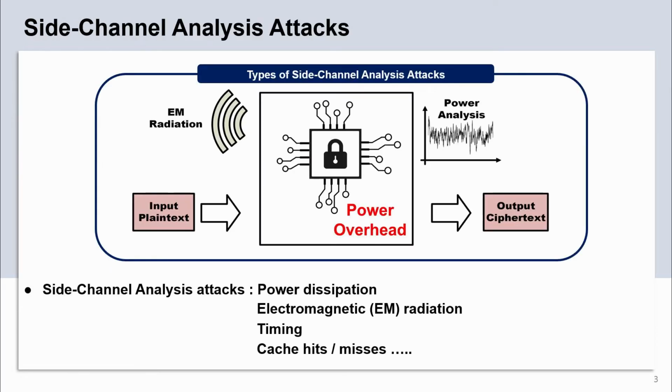Side channel analysis based attacks can be implemented on a mathematically secure physical platform, which leak critical information through power dissipation, electromagnetic radiation, timing of the encryption operations, cache hit and miss, and so forth, allowing an attacker to extract the secret key from the device.